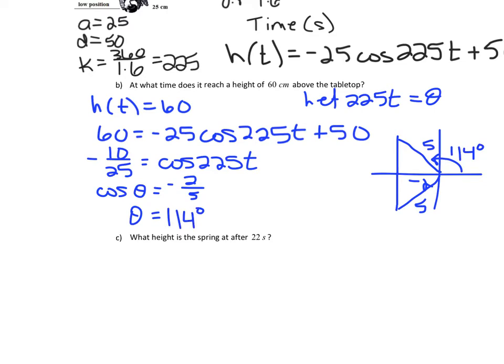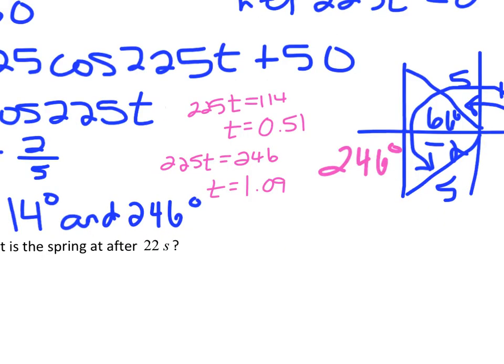If you took the inverse cosine of positive 2 over 5, you get 66 degrees, which of course is the related angle that goes between the terminal arm and the x-axis. So we also have that theta will be 114, and the other terminal arm, of course, is in the other place where cosine is negative, which is 246 degrees. And so now we need to take into account the compression factor of 5π/4.